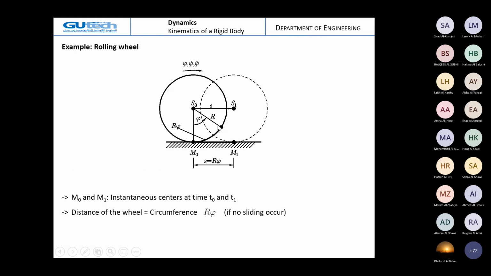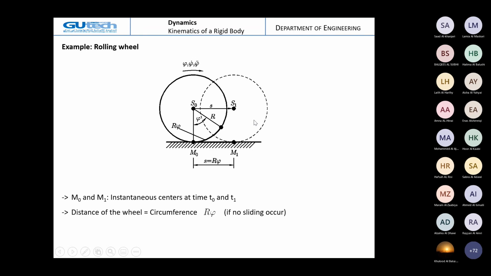As I said here, M0 and M1. Now, the initial position M0, and the actual position M1. M0 and M1 are the instantaneous centers of rotation. Now, if we want to determine the distance of the wheel, the circumference is only R phi if no sliding occurs.